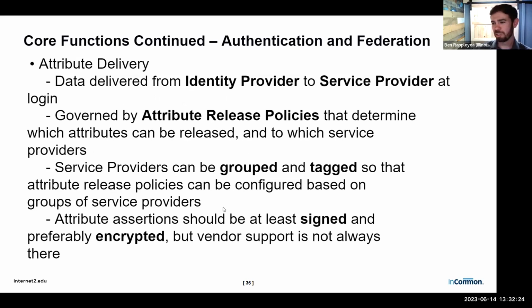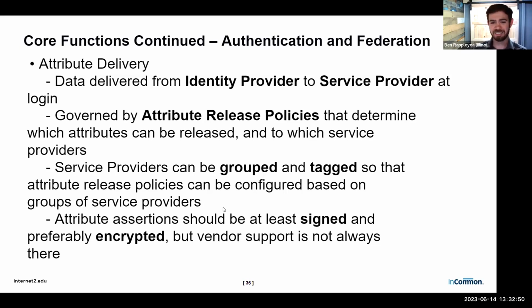So part of the single sign-on, and in this case, Shibboleth is basically what we're talking about, is attribute delivery. Data is delivered from an identity provider to a service provider at login. What I mean by that is, attribute delivery is used to determine if a user is authorized to a particular service or to customize a service for them.